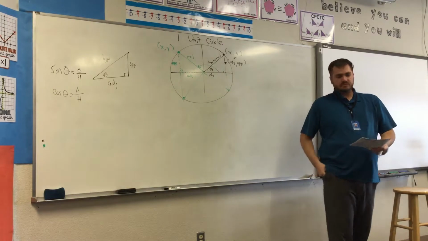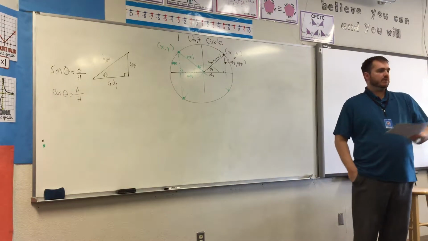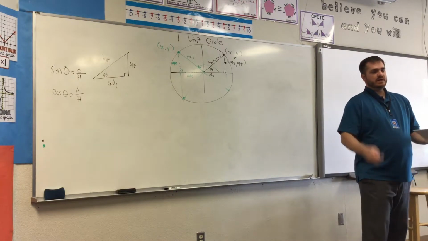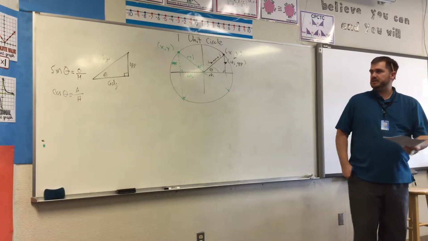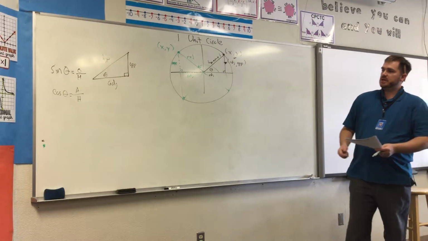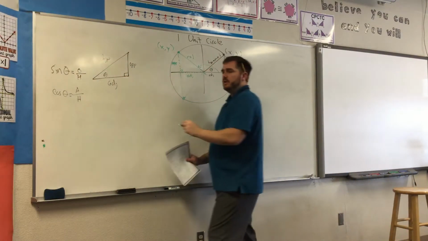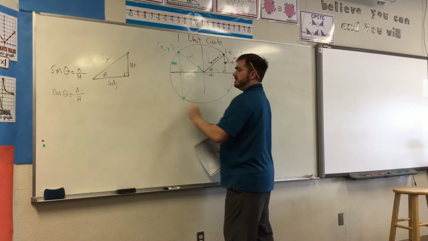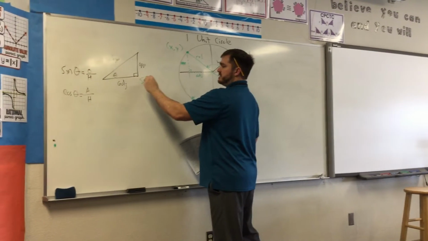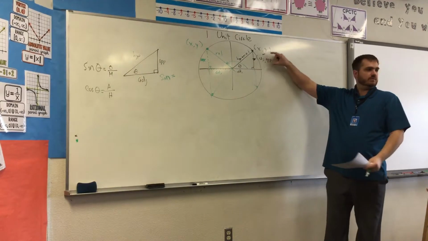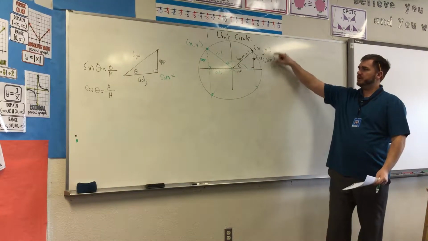Okay? So what we're concerned with now is, like I said, expanding your idea of sine, cosine, and tangent. So that sine is no longer just opposite over hypotenuse. Instead, now sine is equal to, think about what it would correspond to in this first quadrant.